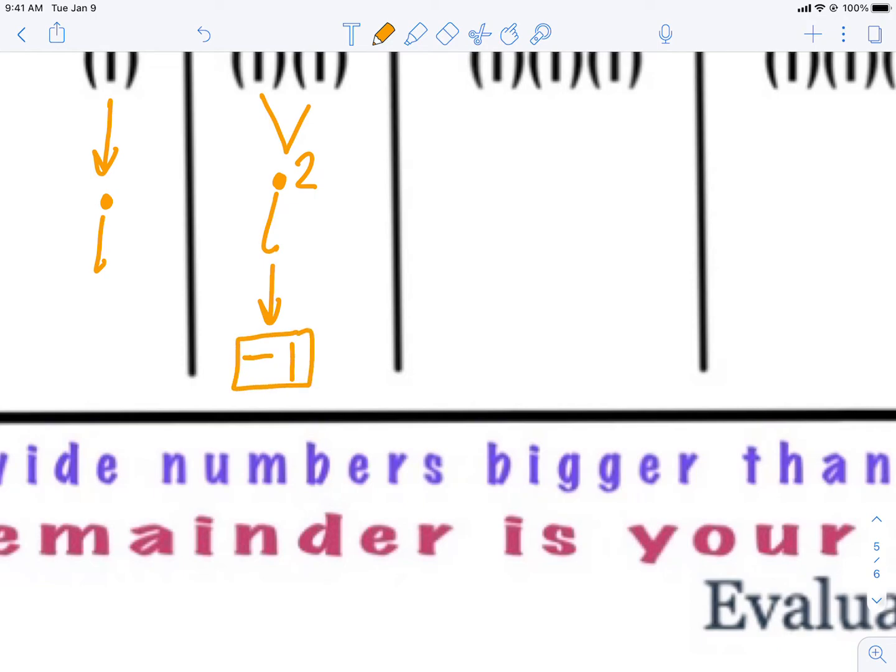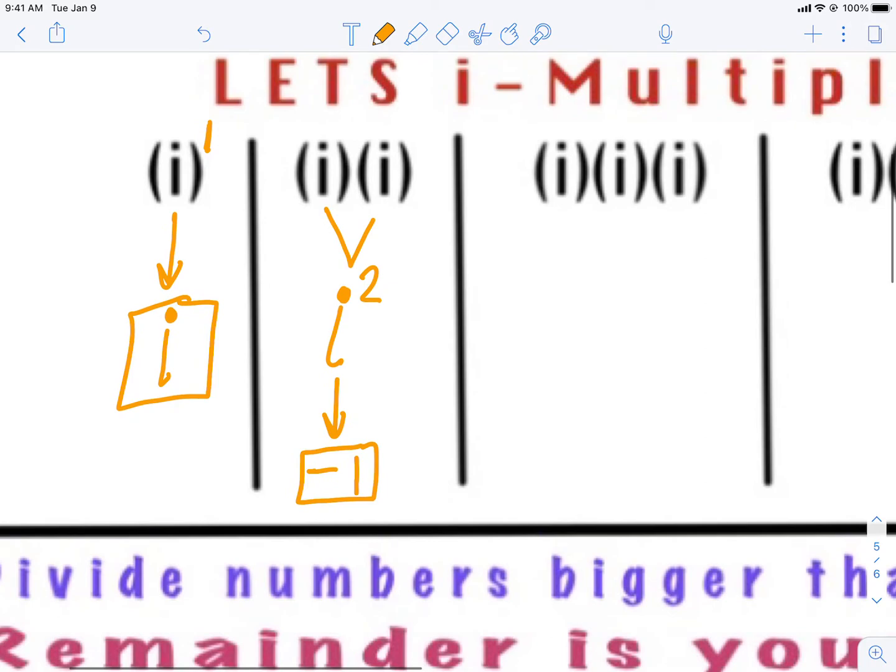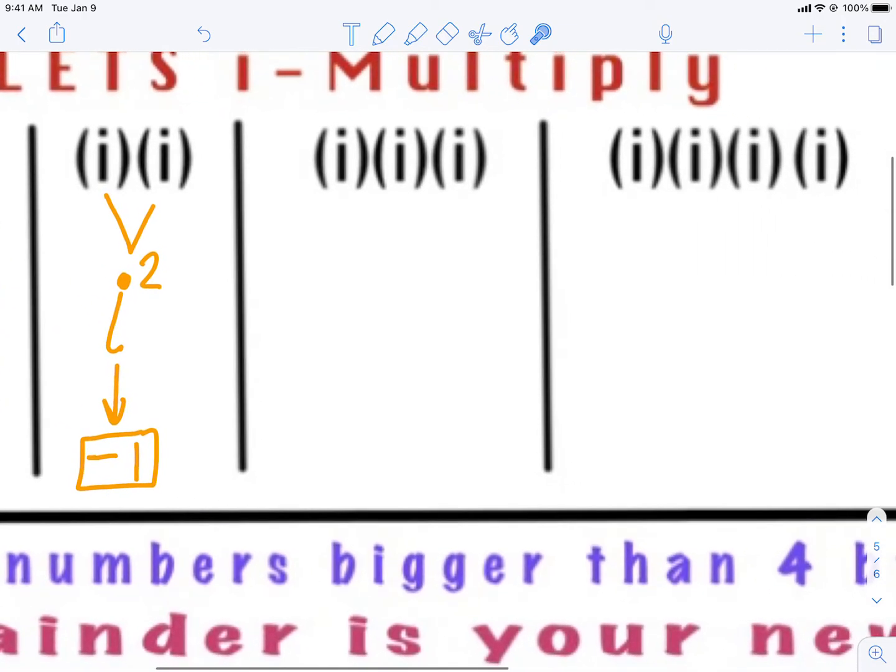So that's that, and that's that. So I to the first is I, I squared is -1, right? So let's see what else we have here.